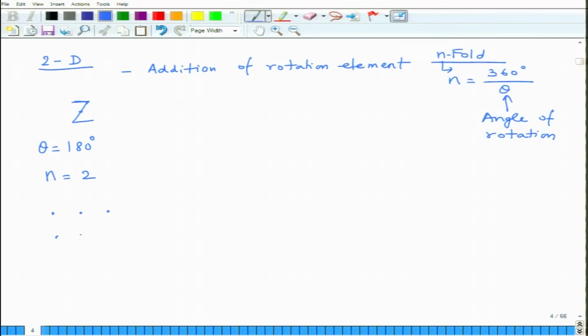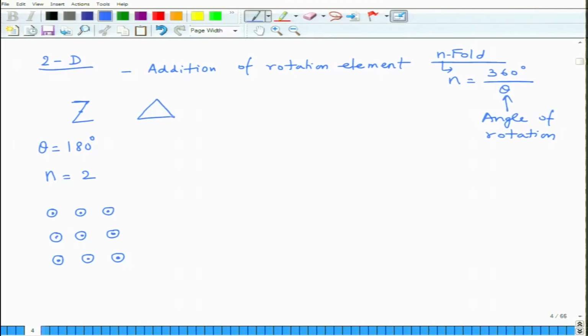Now, how can you make a 2D lattice out of this? Let us say I make a 2D lattice like this, and I make this an object or basis. So let me first complete this part. Okay, so this is a 2D object.